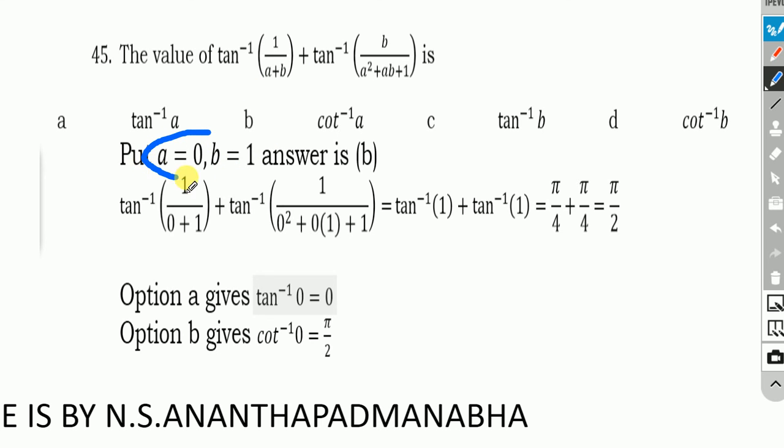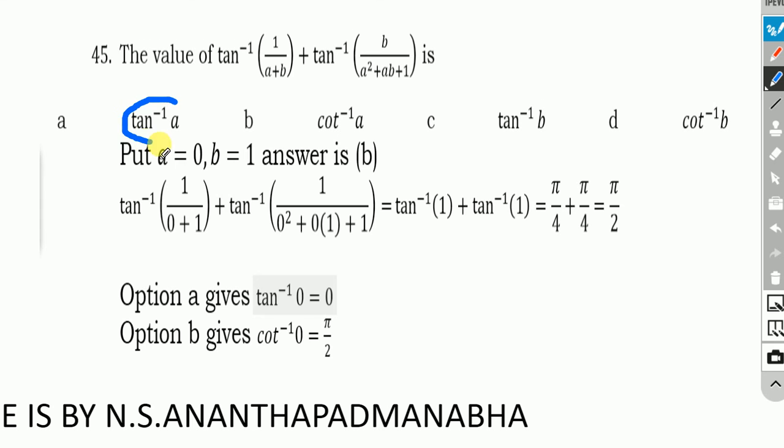When you take a equals 0 and b equals 1, I have tan inverse of 1 by 0 plus 1, plus tan inverse of 1 by 0 square plus 0 into 1 plus 1. So now it is tan inverse of 1 plus tan inverse of 1 only, which is pi by 4 plus pi by 4, equal to pi by 2. For option A, when a is equal to 0, tan inverse of 0 is 0, but we need pi by 2.